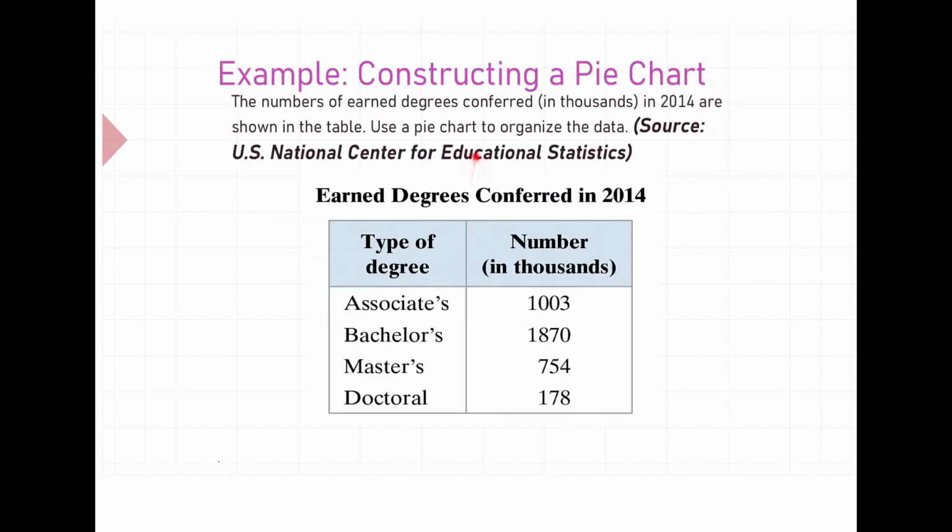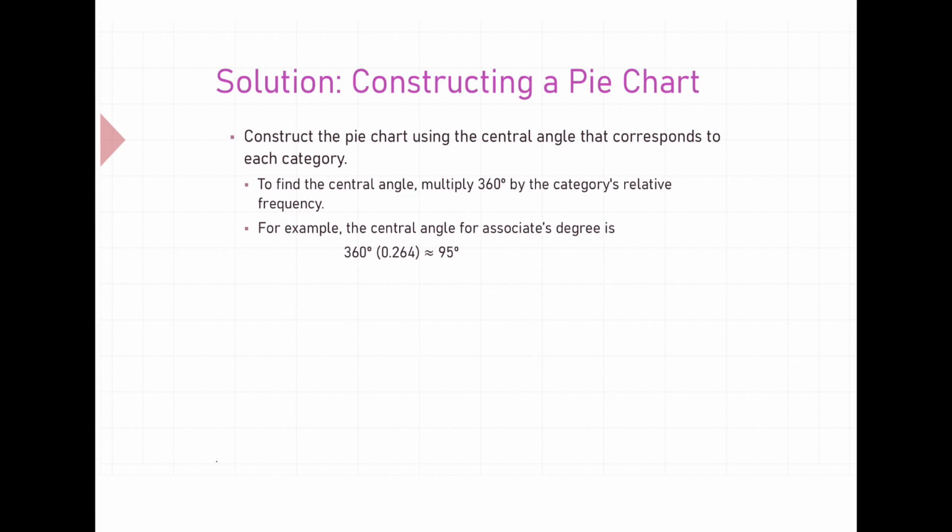So if I was looking at degrees earned, again, this is qualitative or categorical data, and these are in thousands, and this is for the year 2014. A pie chart is an easy way for us to organize this. To organize it, we're going to use the central angle that will correspond to each category.